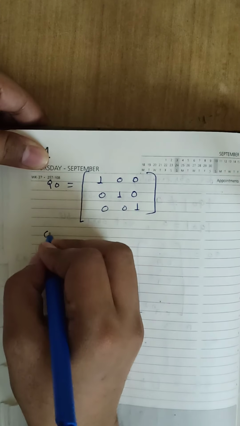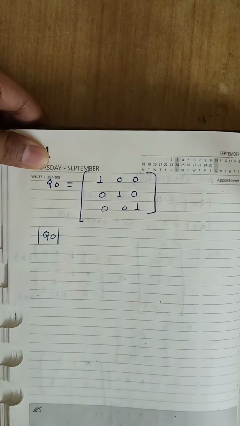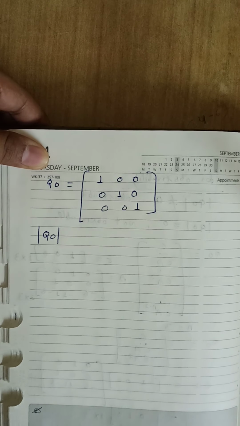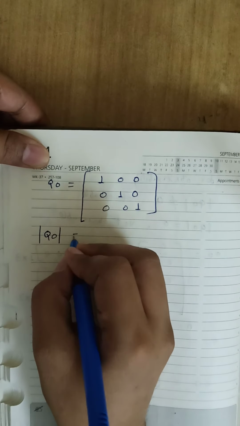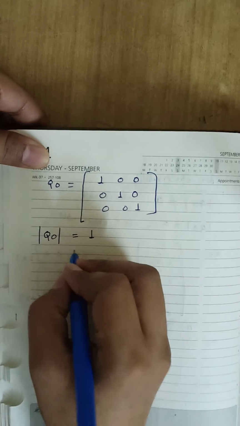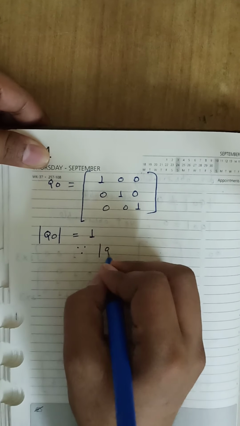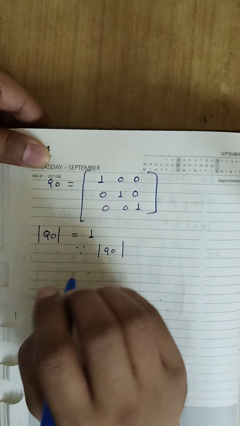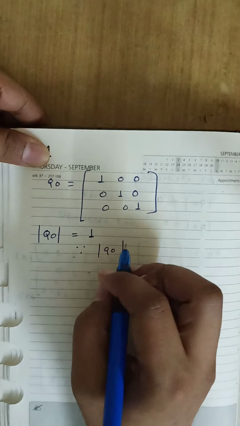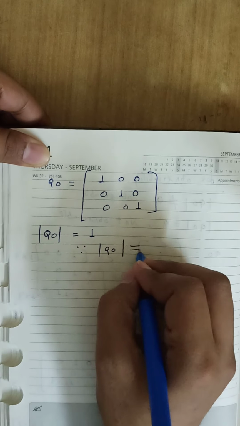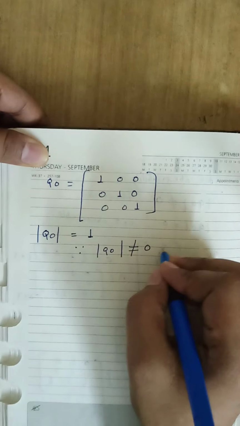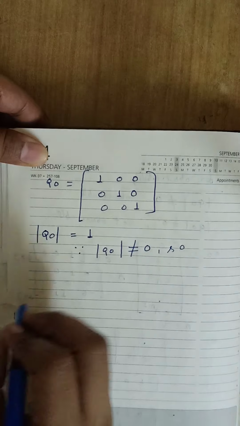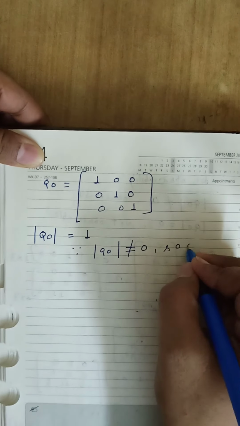Now let us calculate the determinant of matrix Q naught. So here we have determinant 1. We can say determinant of matrix Q naught is 1, or determinant of Q naught does not equal 0.